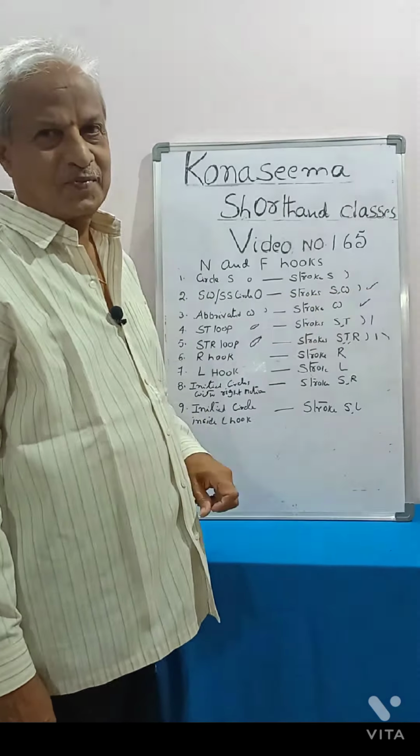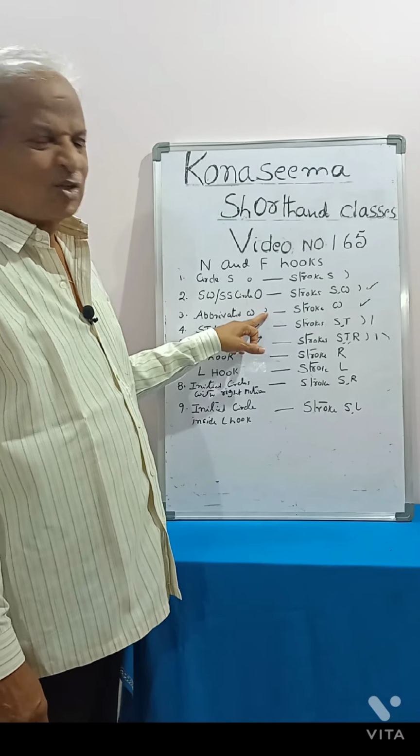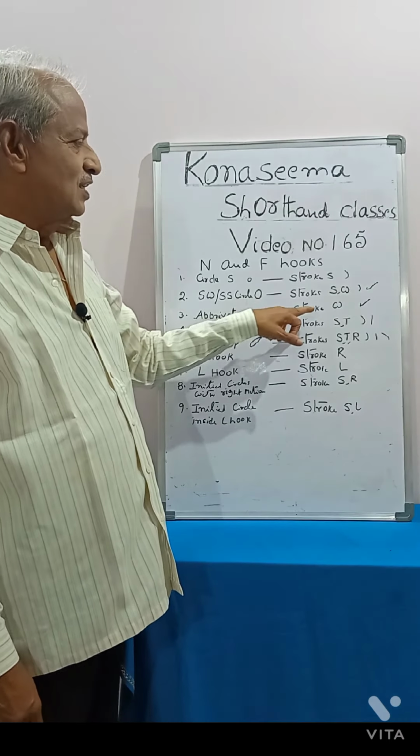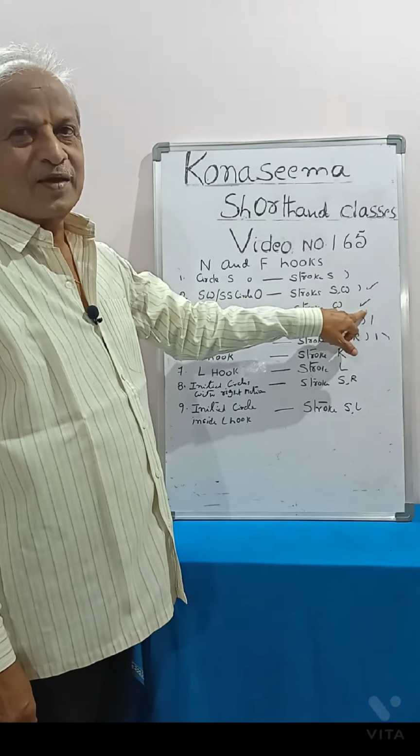Like that, abbreviated W, right semicircle, is being used instead of writing the stroke consonant way.